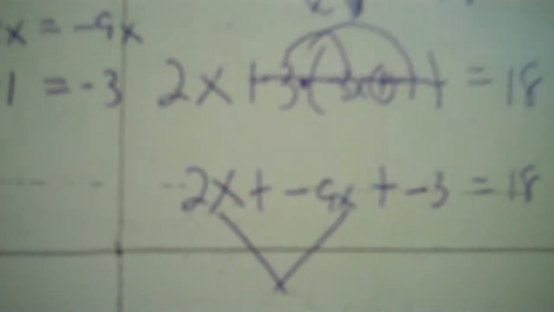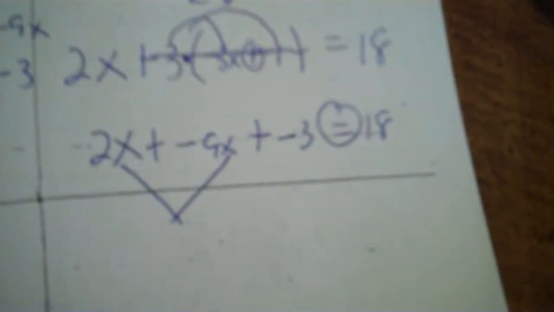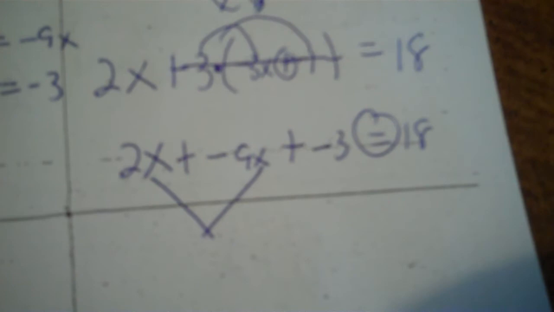Then add 2x. Okay. Alright, so you combine your x's, just like I've told you before. The reason you're combining them is because they're on the same side of the equation. Taking out the smaller one is what you do when they're on opposite sides. 2 plus negative 9, negative 7.